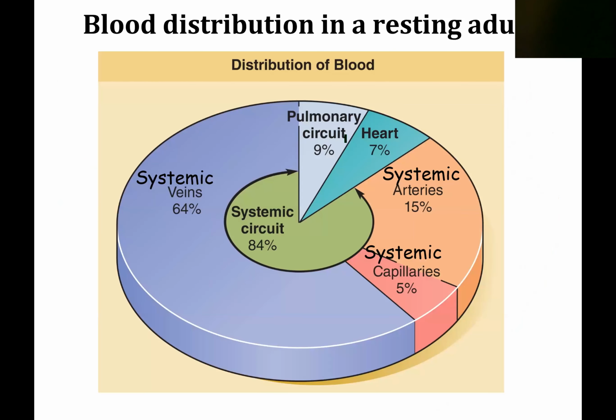So, distribution of blood in a resting adult. 64% of blood is in the systemic veins.